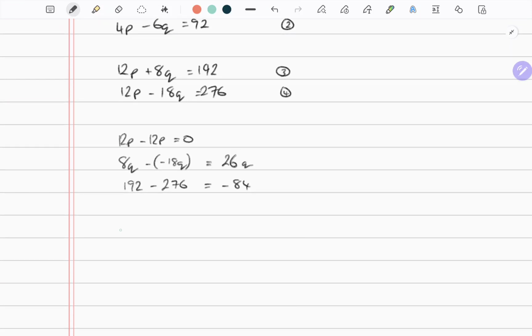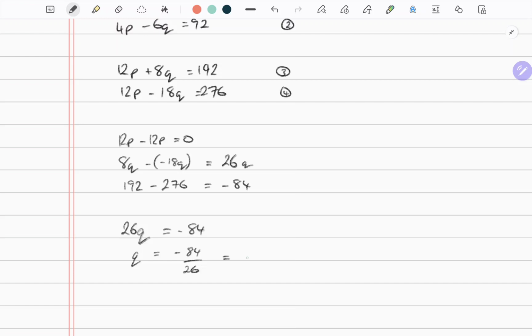So that then means we are left with 26q equals minus 84. What we'll do is we'll divide both sides by 26.